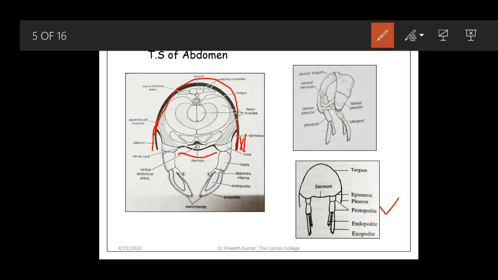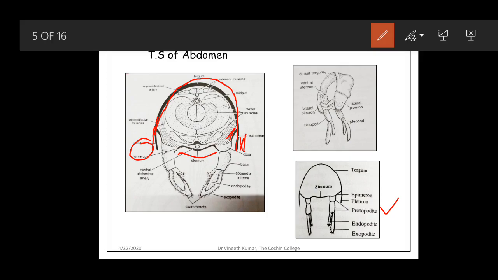This overhanging region of the tergum is referred to as the pleuron, and there is a small space between the pleuron and the tergum, the black color which you see here, called the epimeron. That is the junction formed due to the overhanging of the tergum, called the pleuron.